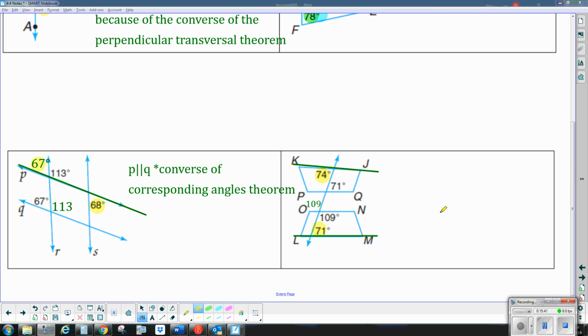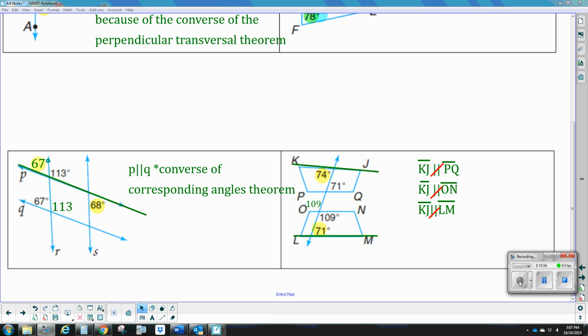My alternate interior angles are 74 and 71 degrees, therefore they are not congruent, which means that KJ and LM are not parallel. So now that we know that KJ is not parallel to any of these lines, let's work our way down.